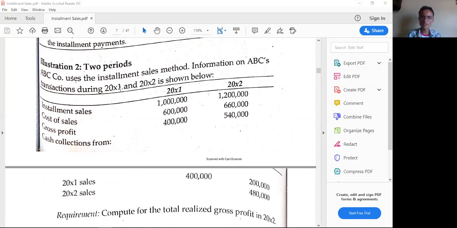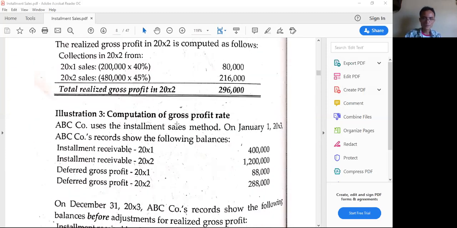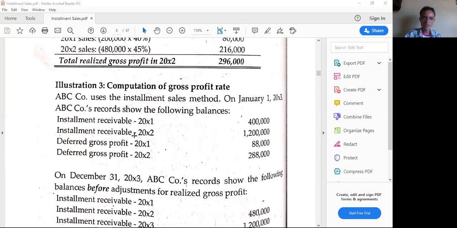Meaning there is a reasonable concern about the collectibility of the receivables in the future. Normally these all pertain to installment sales, because it's possible that even if we have installment sales, there is no reasonable uncertainty. In that particular case, we will still be applying IFRS 15.